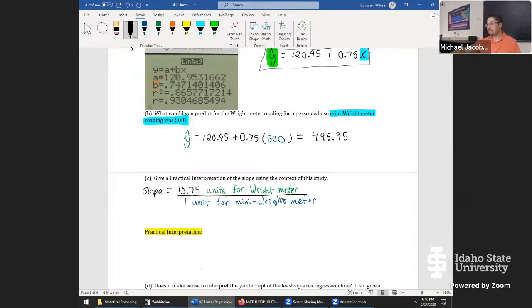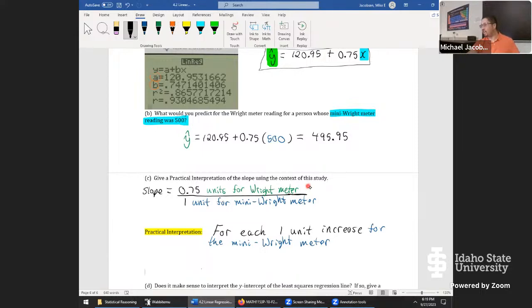And pretty much here's how it goes. We imagine the denominator increasing by 1 unit. So we'll say to start off, for each 1 unit increase for the mini right meter, we go on and say we expect the units for the ordinary right meter, the bigger device, to increase by that quantity, 0.75.